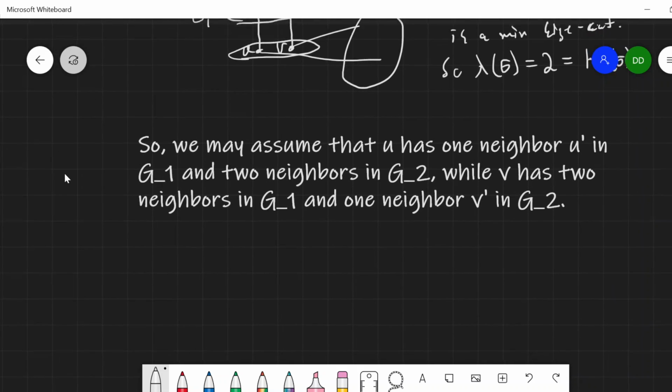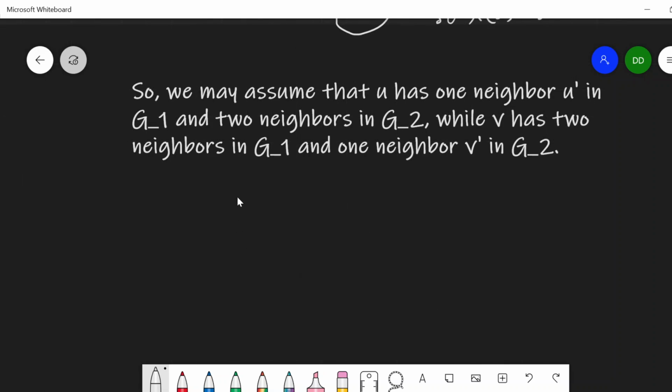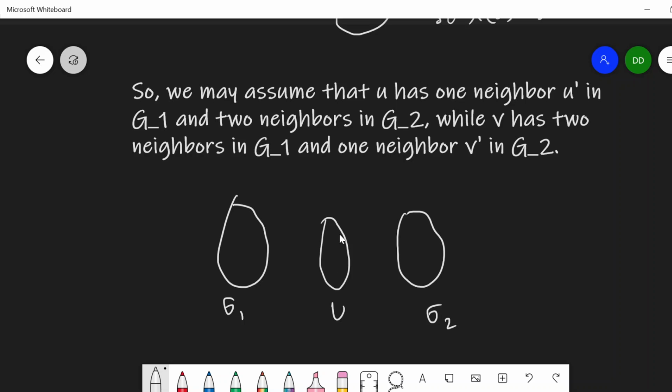So yeah, you might be saying, why do we only have two components here? We'll talk about that in a second. Let me try and draw the picture here. So the idea is we should only have two components, G1 and G2. And here's my vertex cut U with U and V in it.